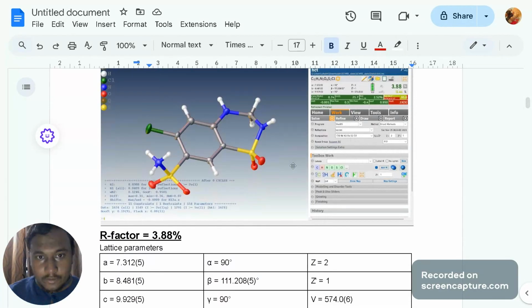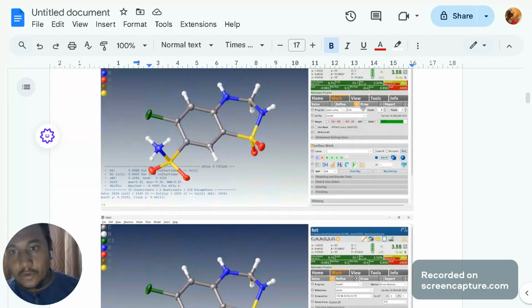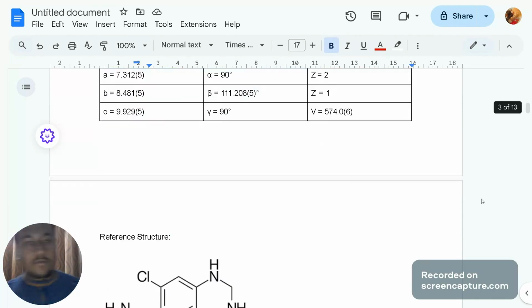For the refining part, for the fine tuning, I selected cycles as 8 and peaks as 5, and ACTA was used. So these lattice parameters were formed, which are tabulated here.